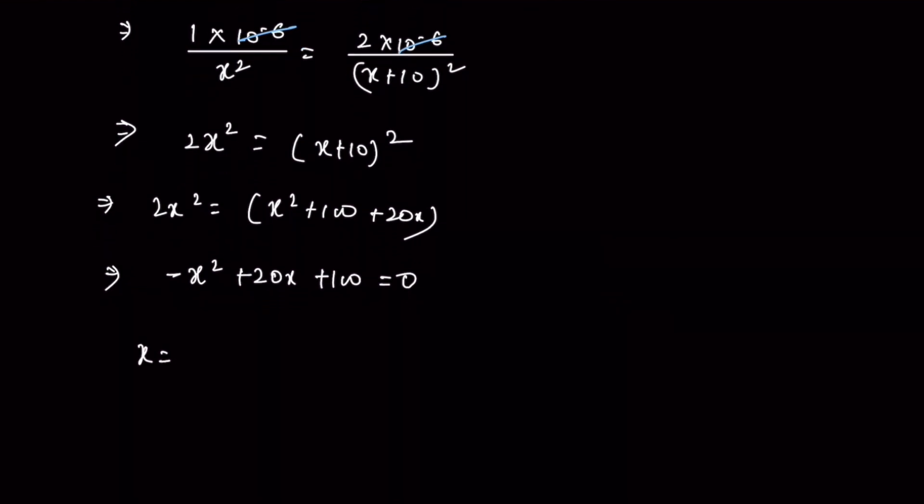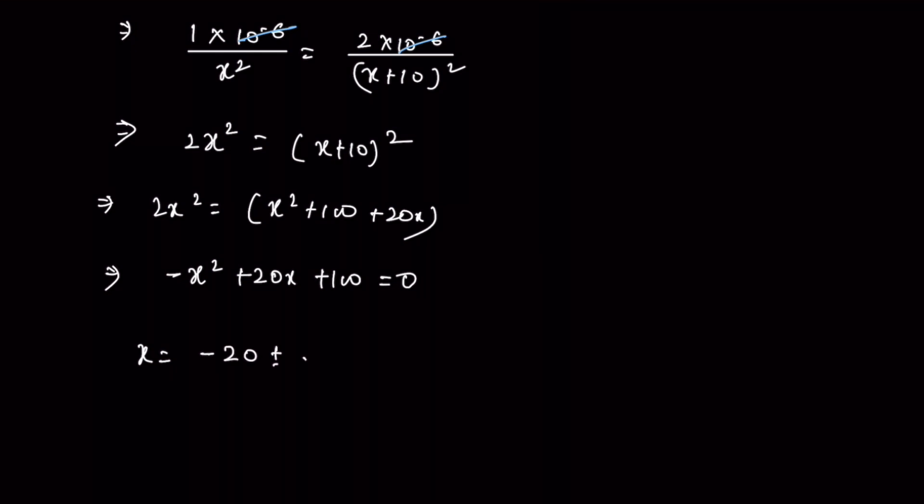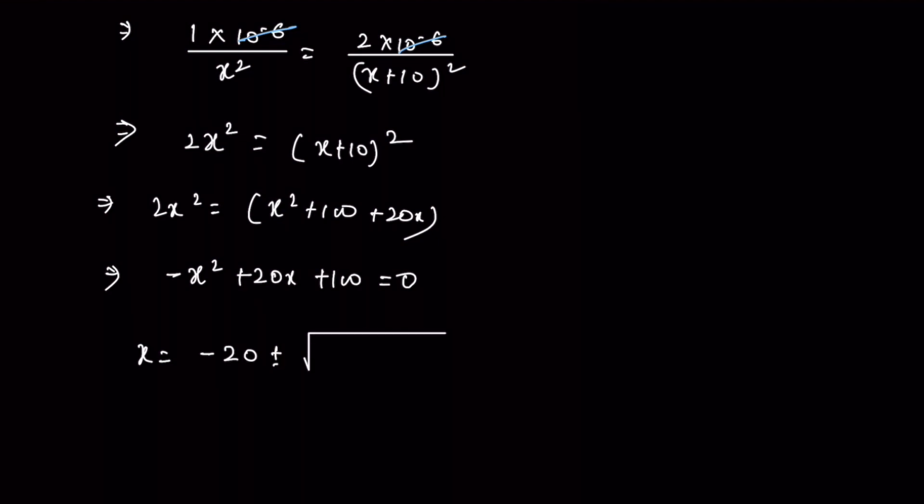So x is equal to minus 20 plus minus root of 20 square plus 4 into 100, divided by minus 2.